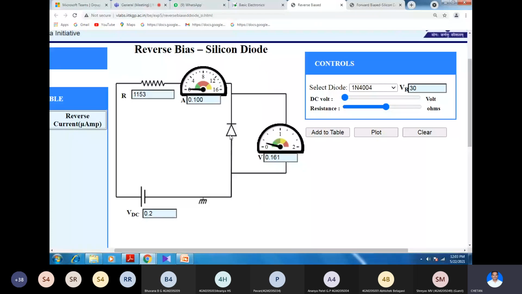This is the voltmeter which indicates the reverse voltage across the diode, and this is the ammeter which will measure the current which flows through the diode in the reverse biased condition. Initially when the voltage applied is 0, there will be a very small current flowing through the diode, in terms of microampere. So let us add this to the table.